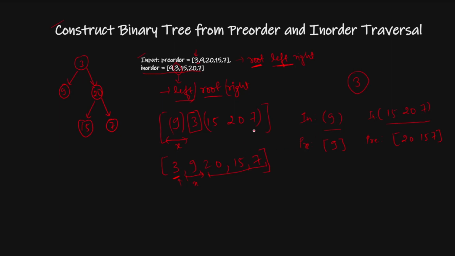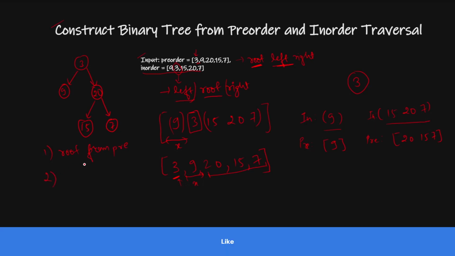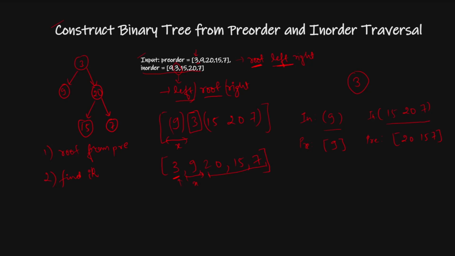So if I write it in points: first I find the root from preorder. Then I find that root's index in inorder, call it iRoot.